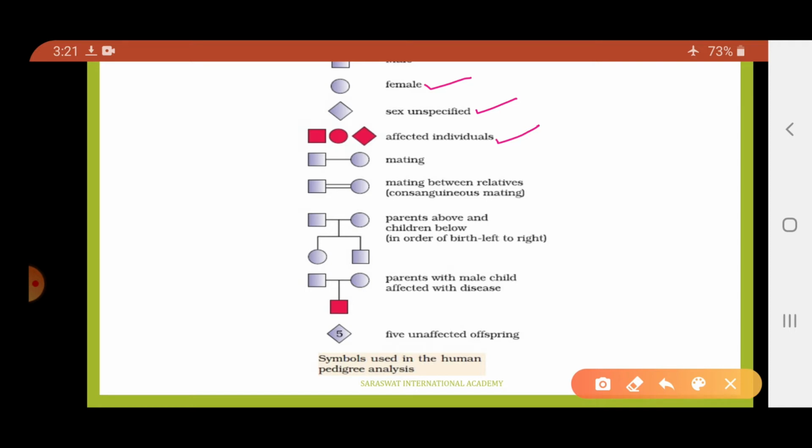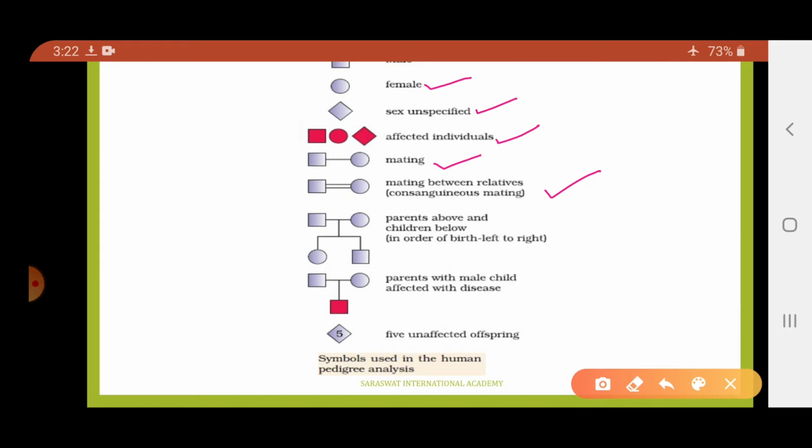A line between a square and a circle represents mating, that is, copulation has occurred between that male and female. A double line between the square and circle represents consanguineous mating, which means mating between relatives.